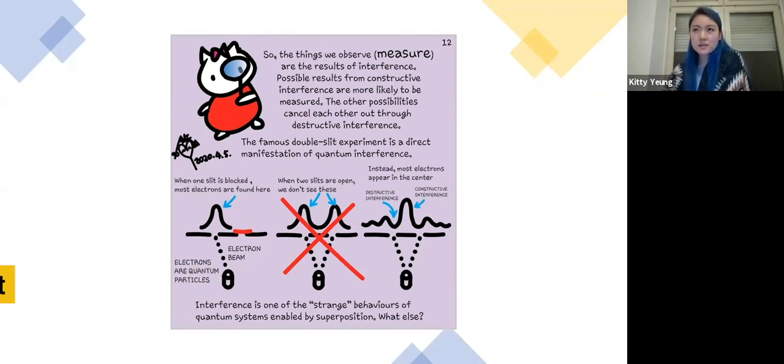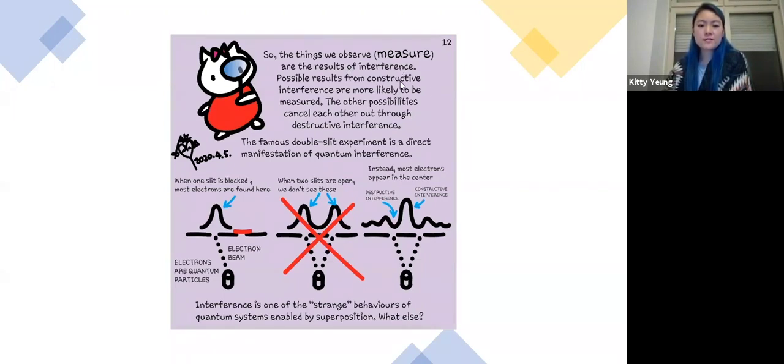There could be an interpretation of measurements in quantum mechanics: we have all kinds of possibilities existing, but what we see is the outcome from constructive interference, because the destructive ones get canceled out.